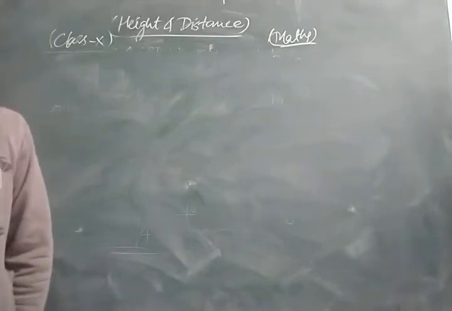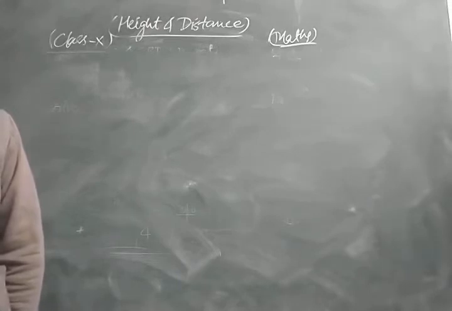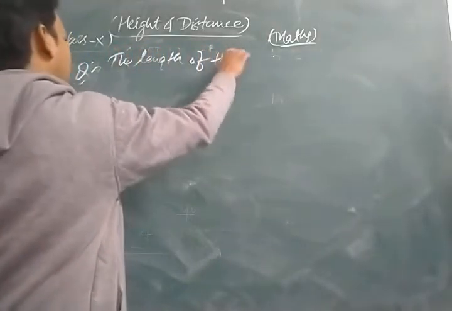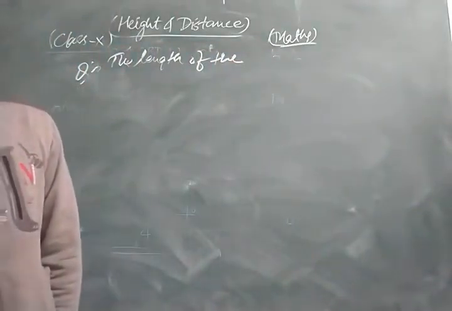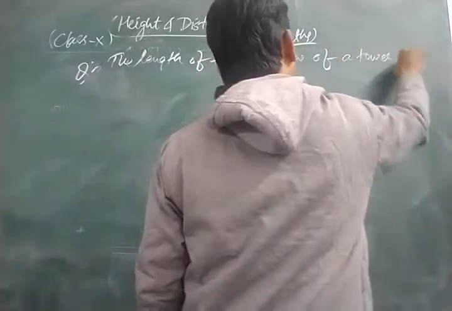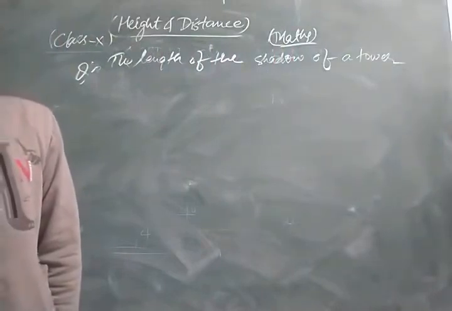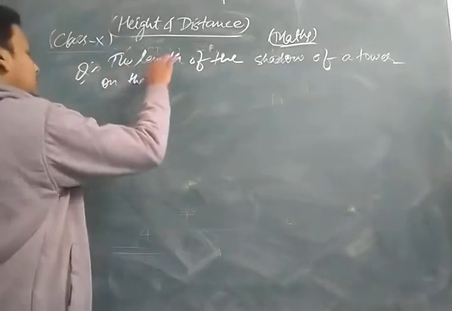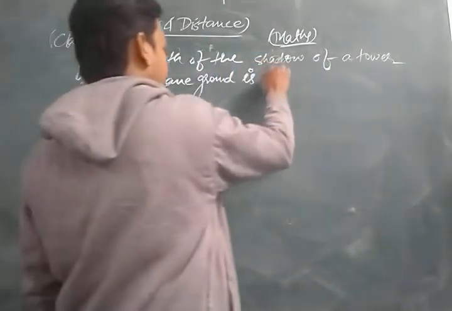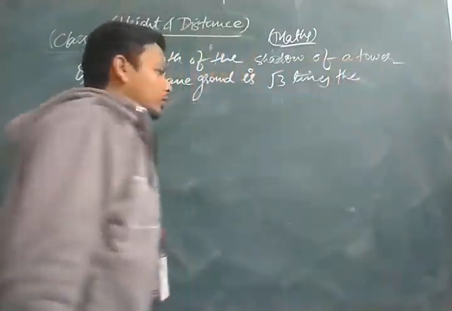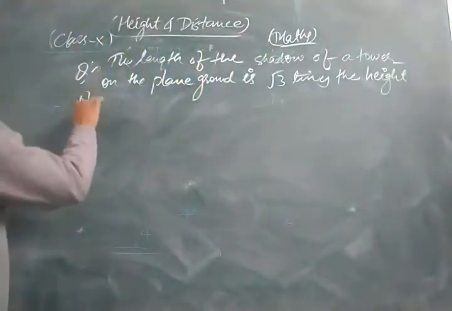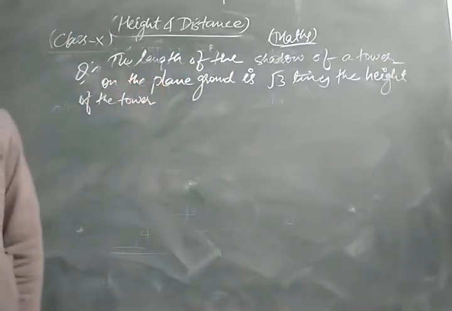Now we take one more question, and the question is: the length of the shadow of a tower on the plain ground is root 3 times the height of the tower.